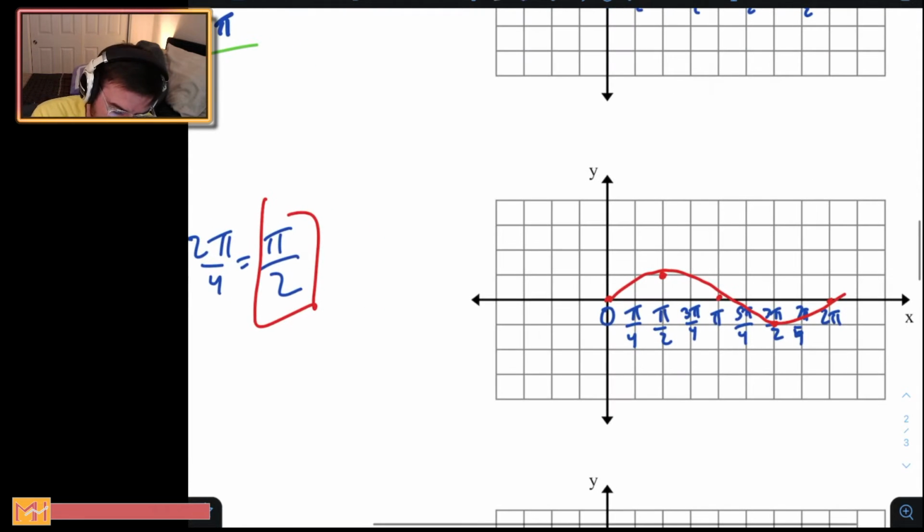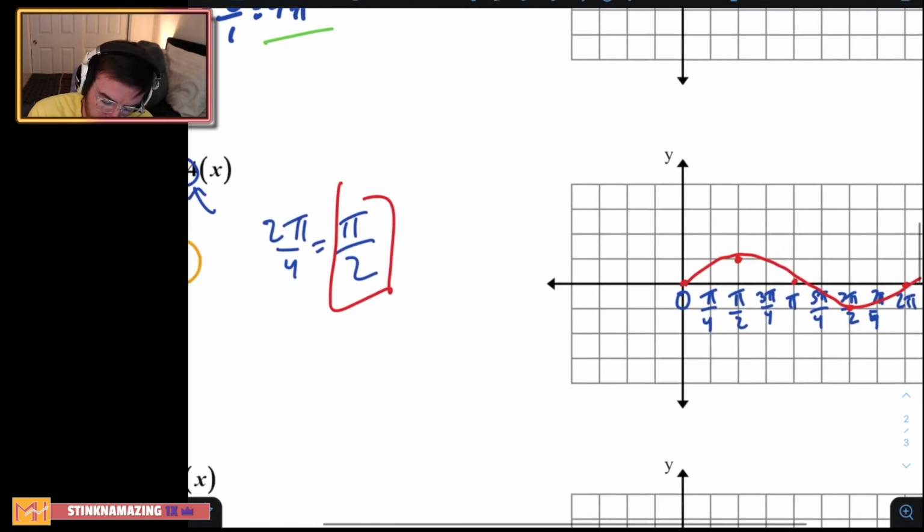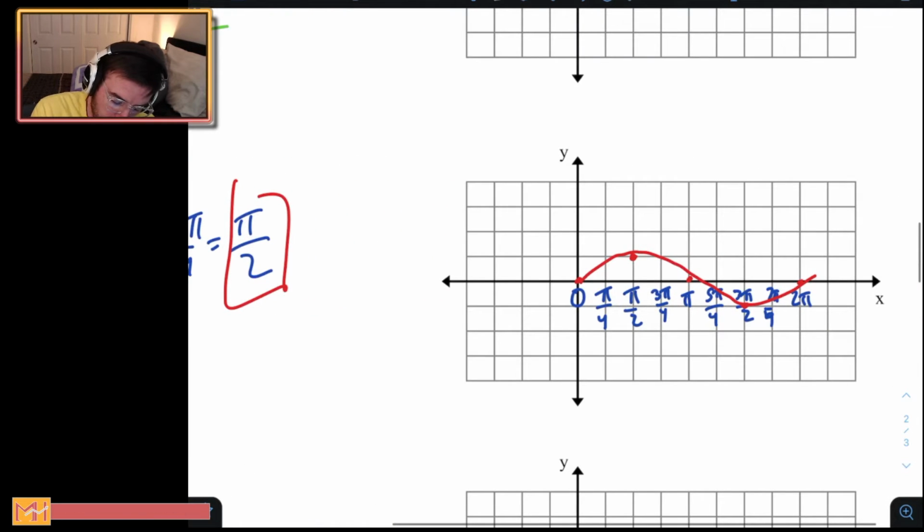It's rather tiny. And also, at the same time, our amplitude is 2. So it's going to go up to 2. So it's going to start here, end here, and then go like this. I don't even have enough room to do that beautifully, right? So it's going to go up to here, down, down, right? Something like that.